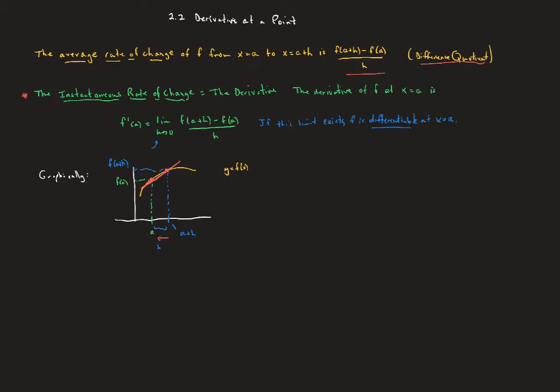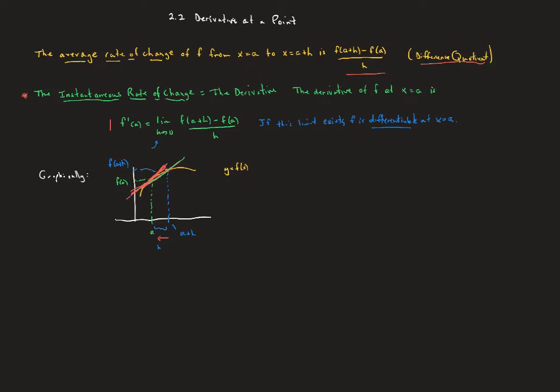And so as we do that, that line moves and it goes from here to maybe a little closer. We move that point in closer and closer until ultimately what we get is the slope of a tangent line.